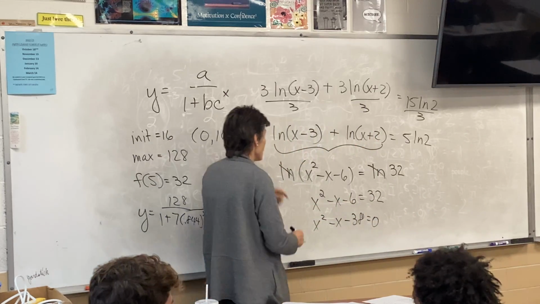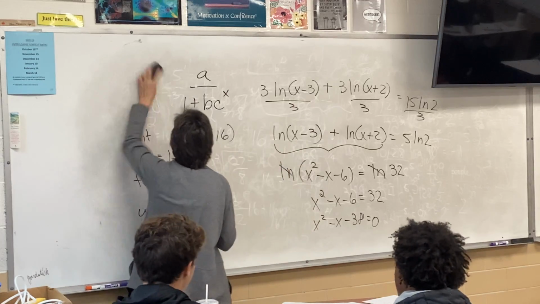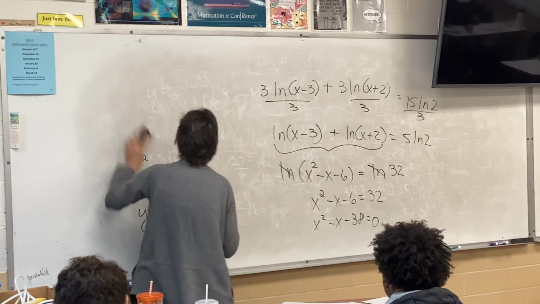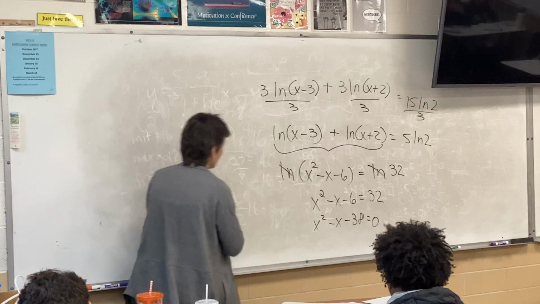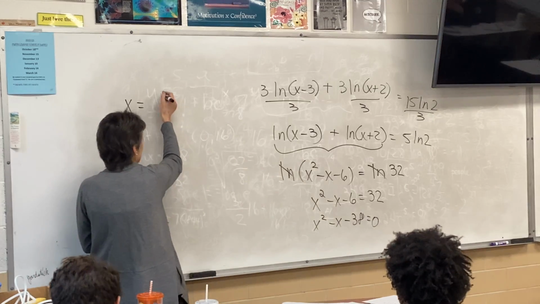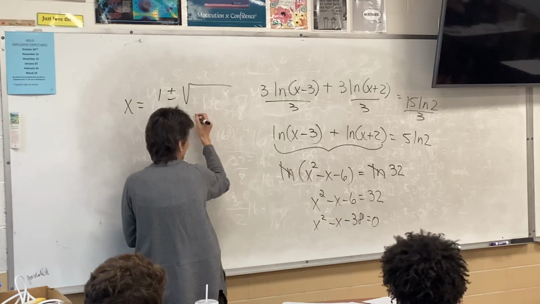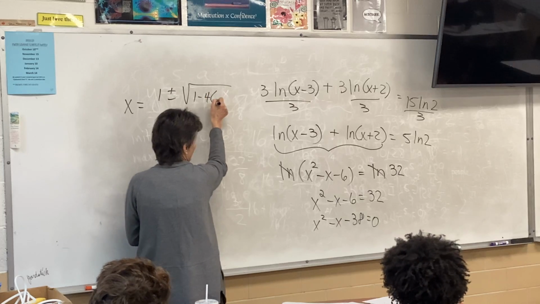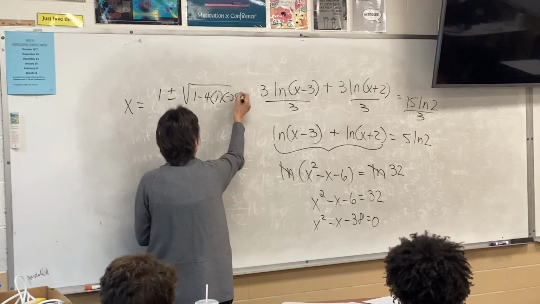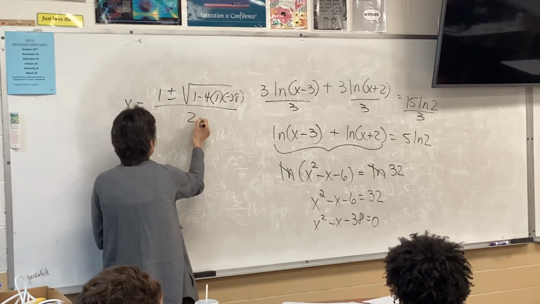All right. Quadratic formula. X equals negative b plus or minus the square root of b squared minus 4ac all over 2a.